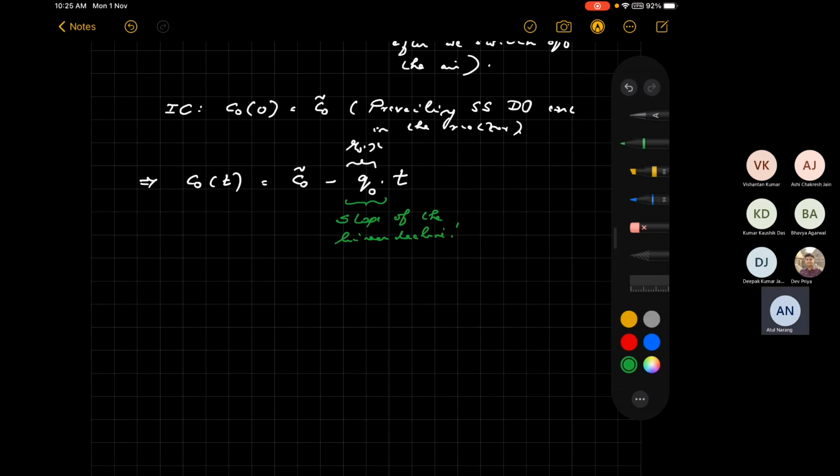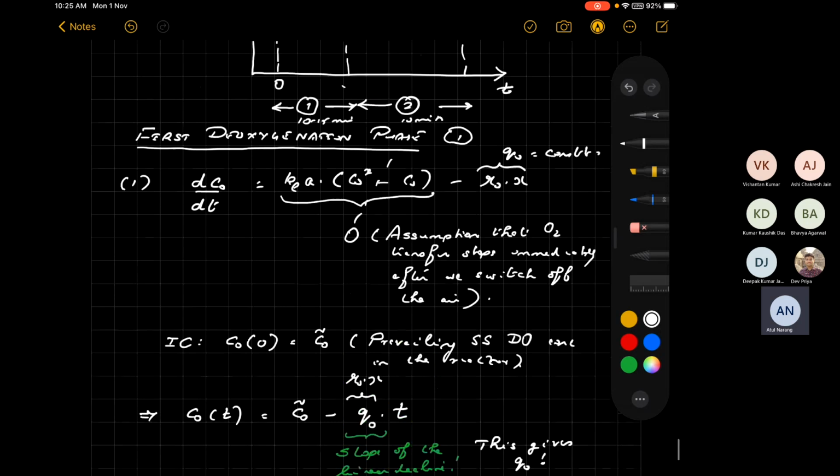Now that I know the value of Q0, the slope of the linear decline gives me Q0, the volumetric rate of oxygen consumption. This is known to me now.